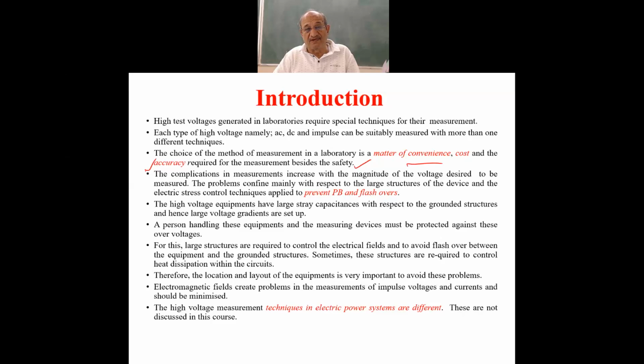You can imagine when you have to measure something like 1800 kV or 7200 kV impulse voltage, as we have learned about the test voltage equipment. When you produce such equipment producing such high magnitude of test voltage, you must have provision for making the measurement. Otherwise, how can you know what voltage you are applying on a test object?